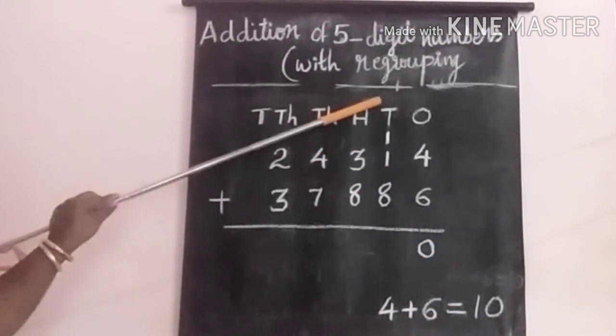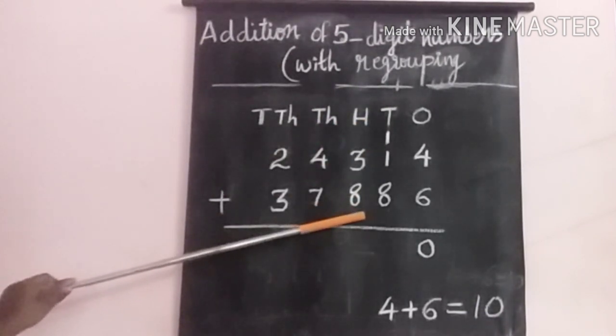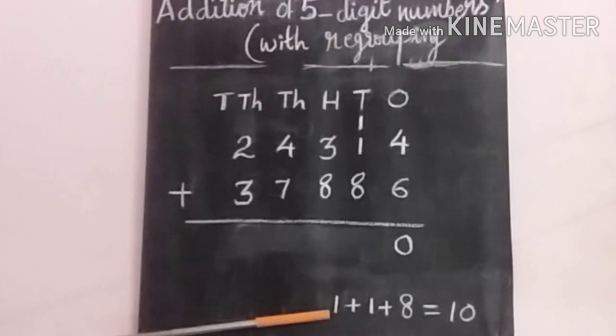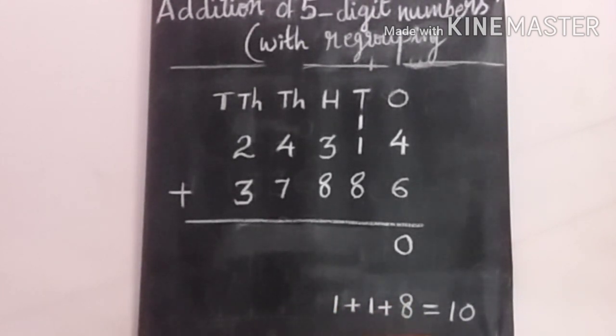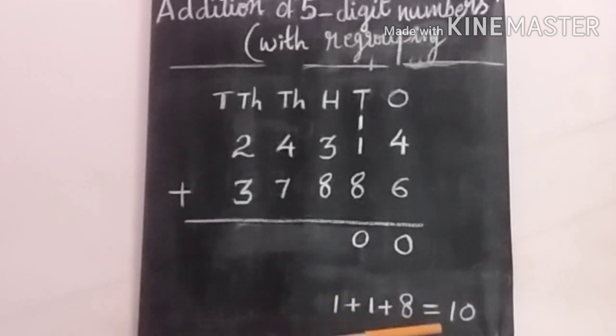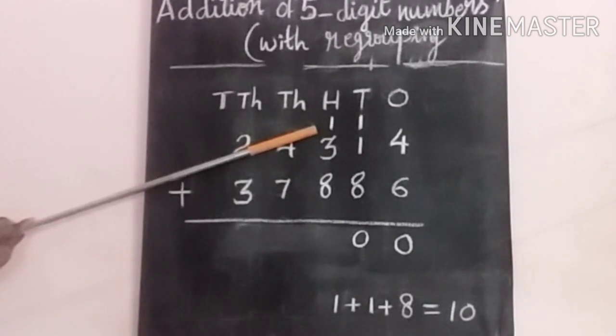Next add tens place digits. That is 1 plus 8. That is equal to 10. So you can write 0 in tens place and 1 as carry over to 100 place.